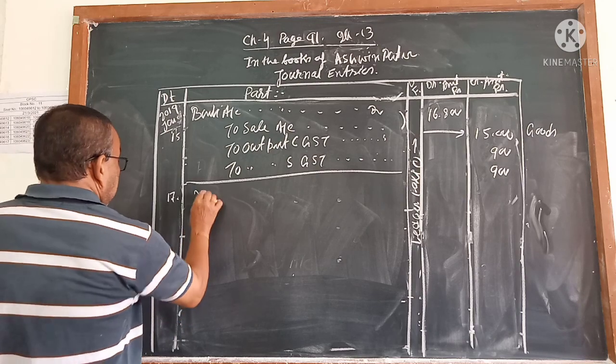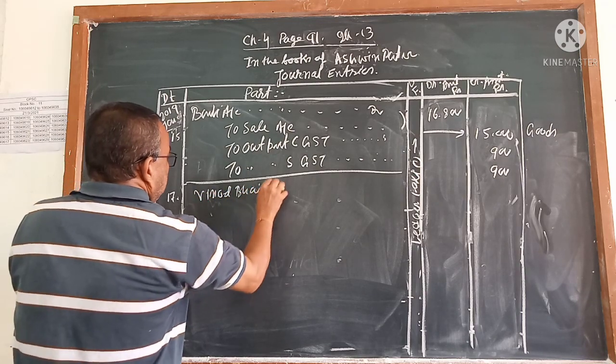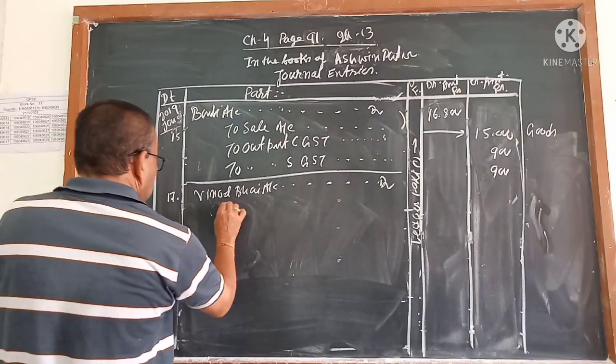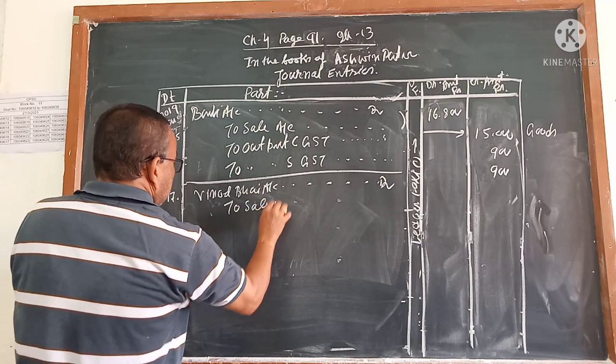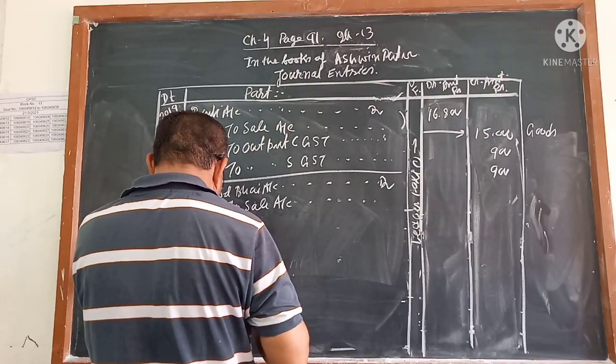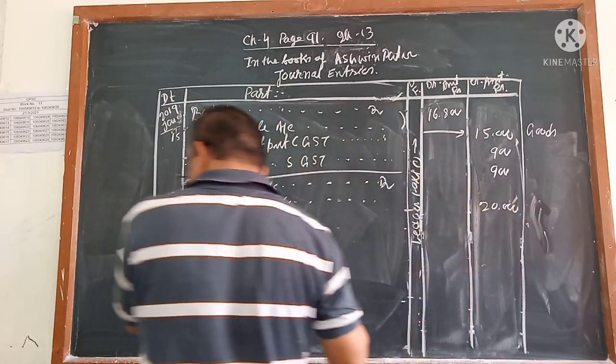17 is the Vinod Bhai account debit. Vinod Bhai account debit, that amount will not be written first. To sales account, that amount I will write first. The sales account is 20,000, that you write as credit of rupees 20,000.